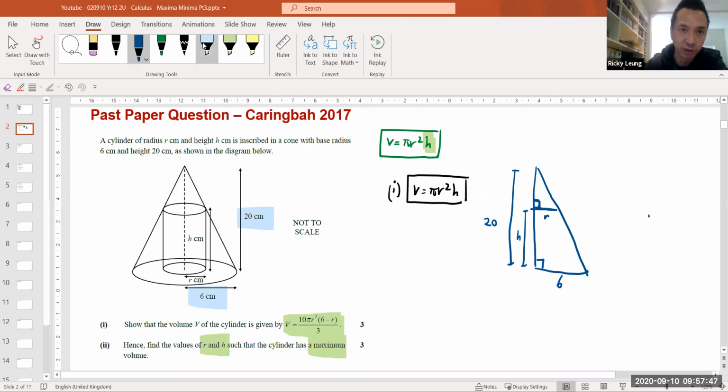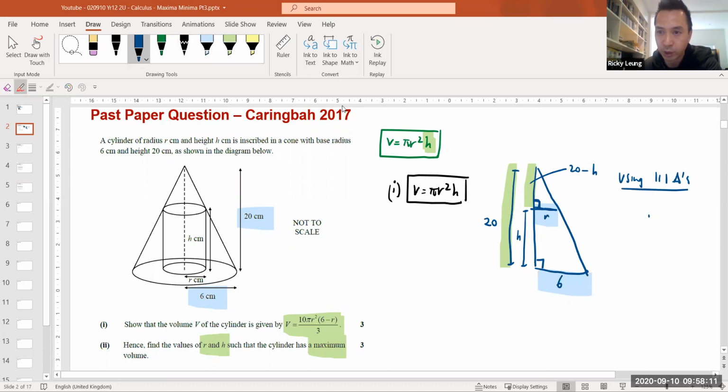Now, with similar triangles, I know that small on large equals to small on large. So right now, I'm missing this side up here where all I need to do is, if the long side is 20, that's h. This side here must be 20 minus h. So pretty straightforward. So off to the side here, using similar triangles.